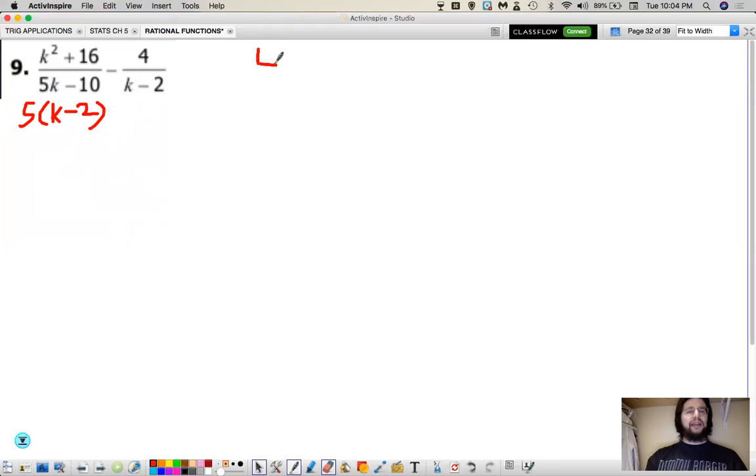So now my least common denominator is, I need 5 times k minus 2. Leave it factored. Remember, at the end, we might have to simplify anyway. Leave it factored. On the next one, I need k minus 2. Got it. So this first one's not missing anything, is it?